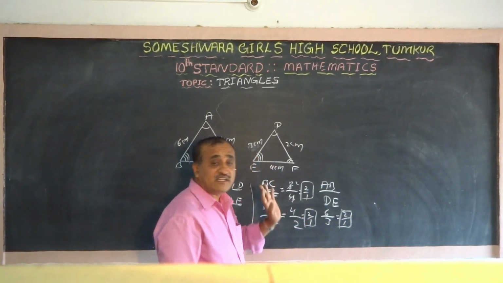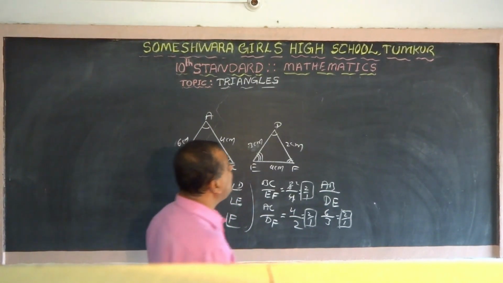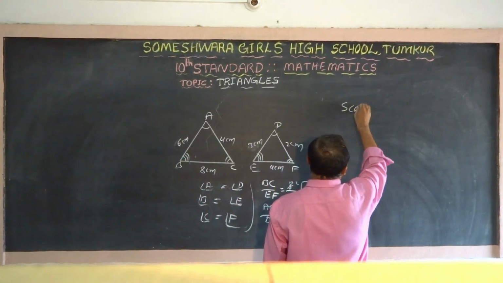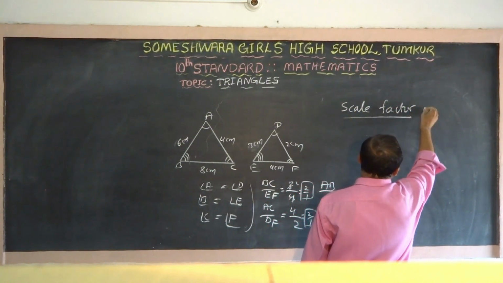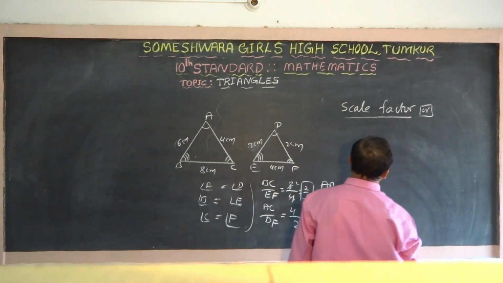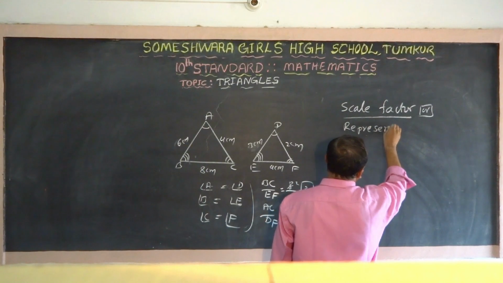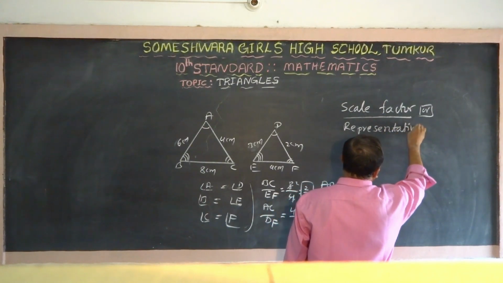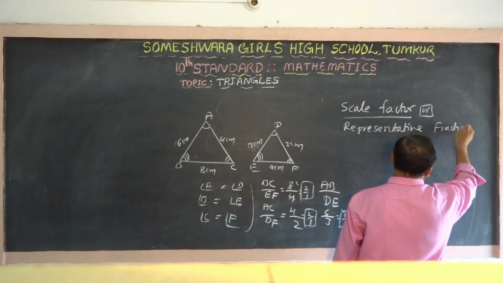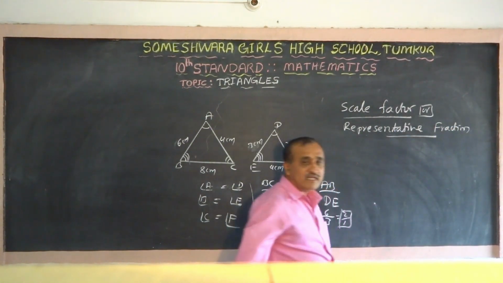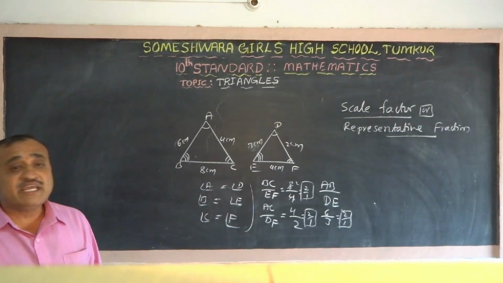This constant ratio we call the scale factor. We use the word scale factor, or it is also called the representative fraction.